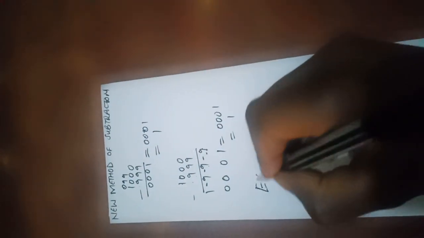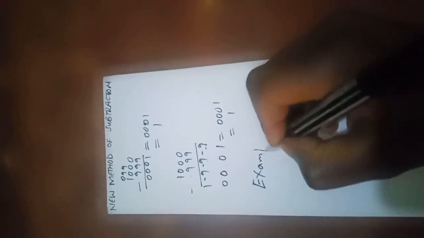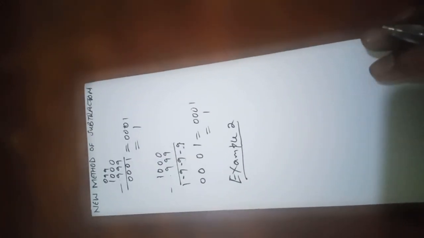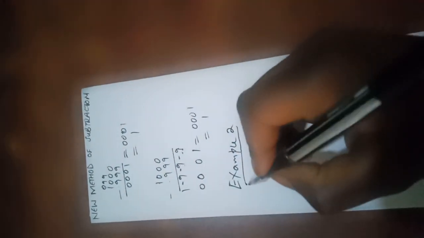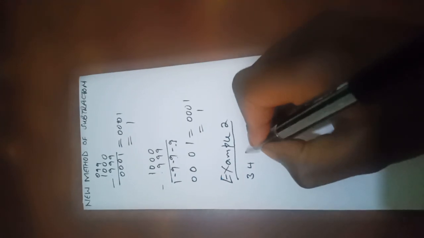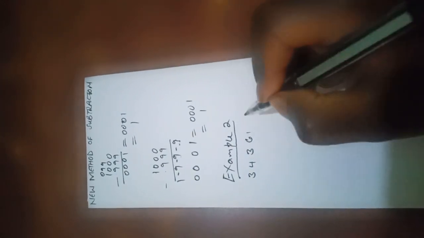Now we can take another example, like example 2. We take a number like 34,361.